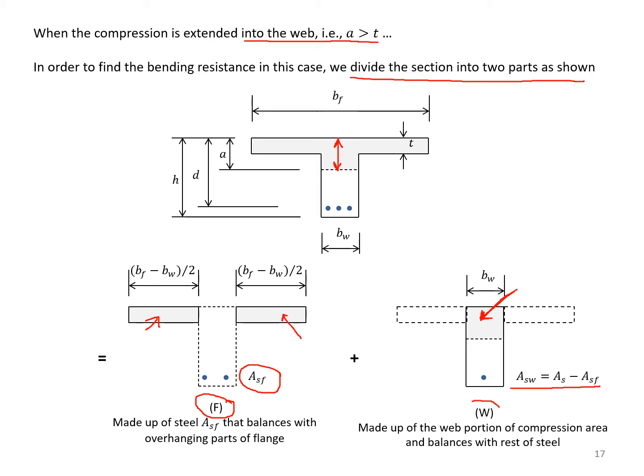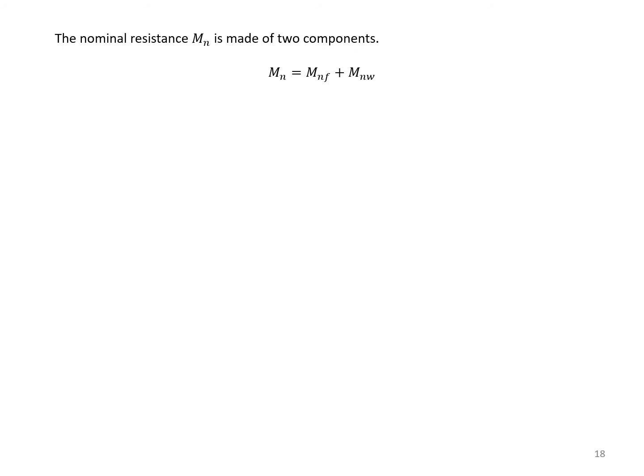So we have this case as w, the previous one as f. Please keep those in mind. With these two configurations, we find the resistance provided by the f situation and the w situation, and we add the two, we get the total Mn.